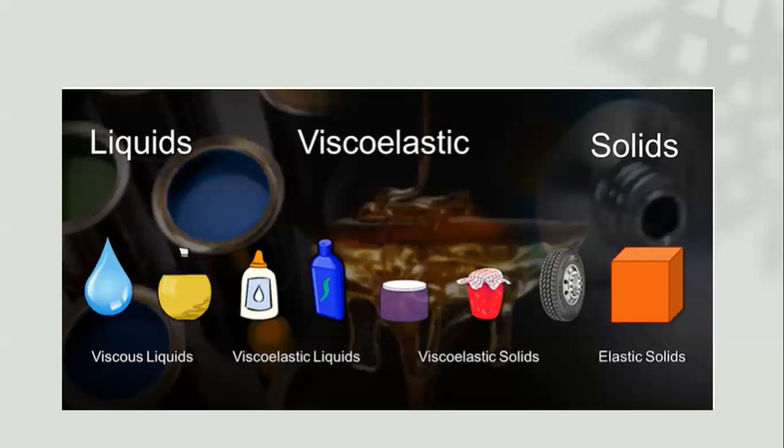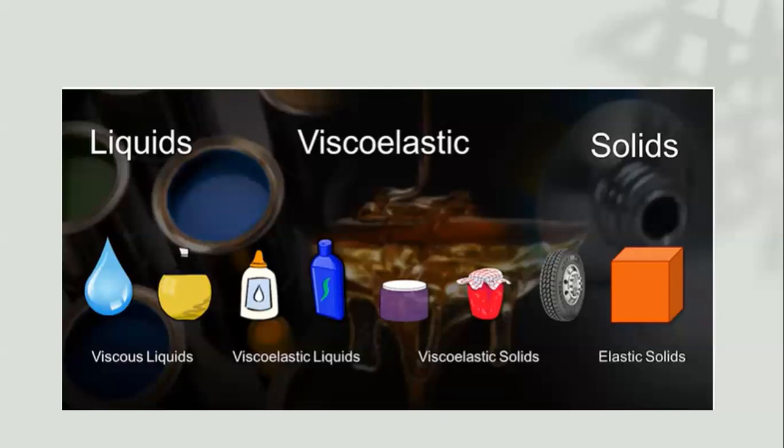If the material is more viscous, then it is a liquid; if a material is more elastic, then it is a solid. The material with a higher viscous portion is called a viscous liquid.